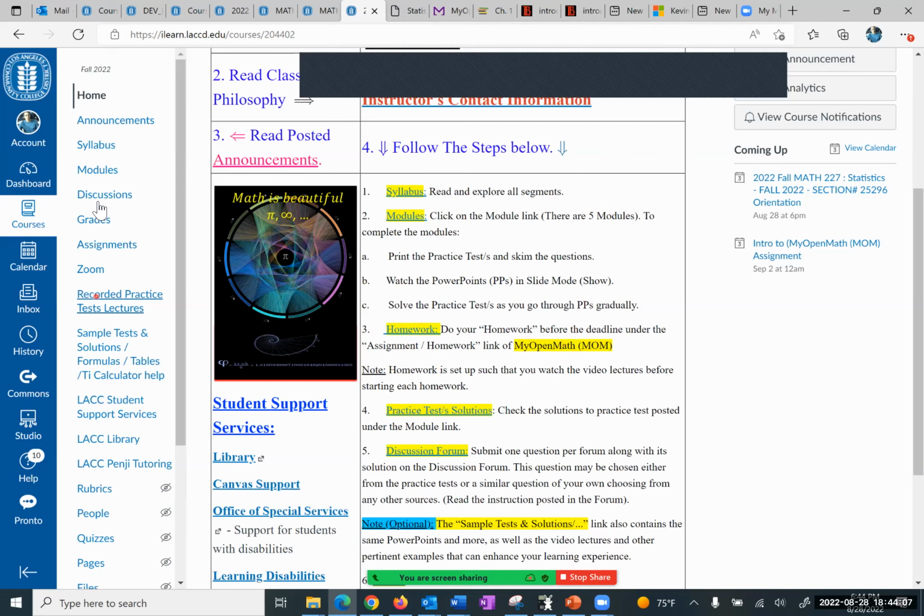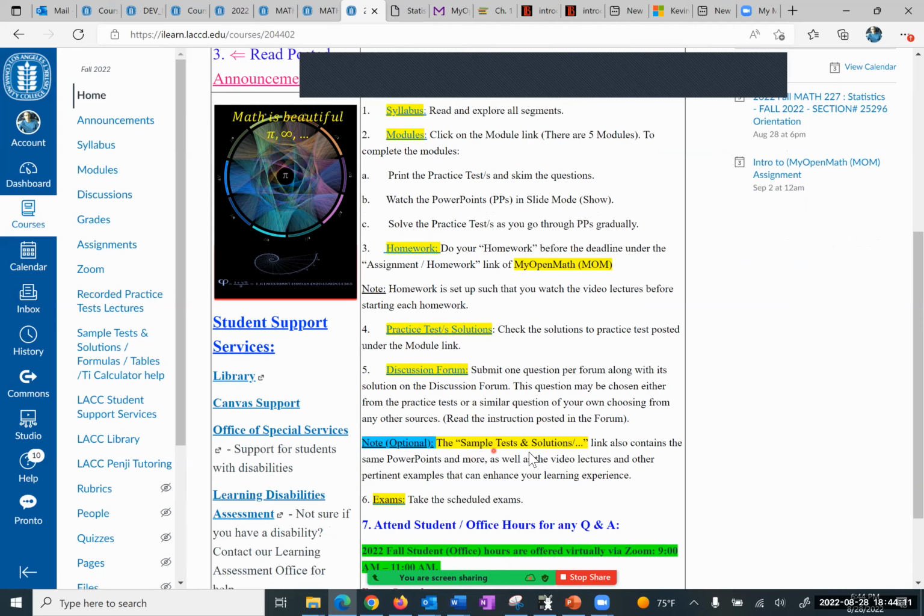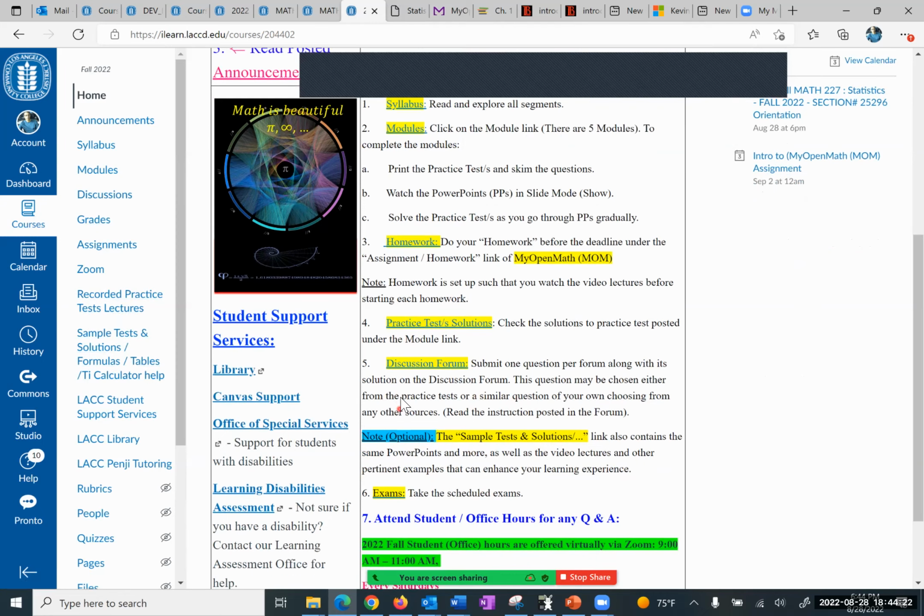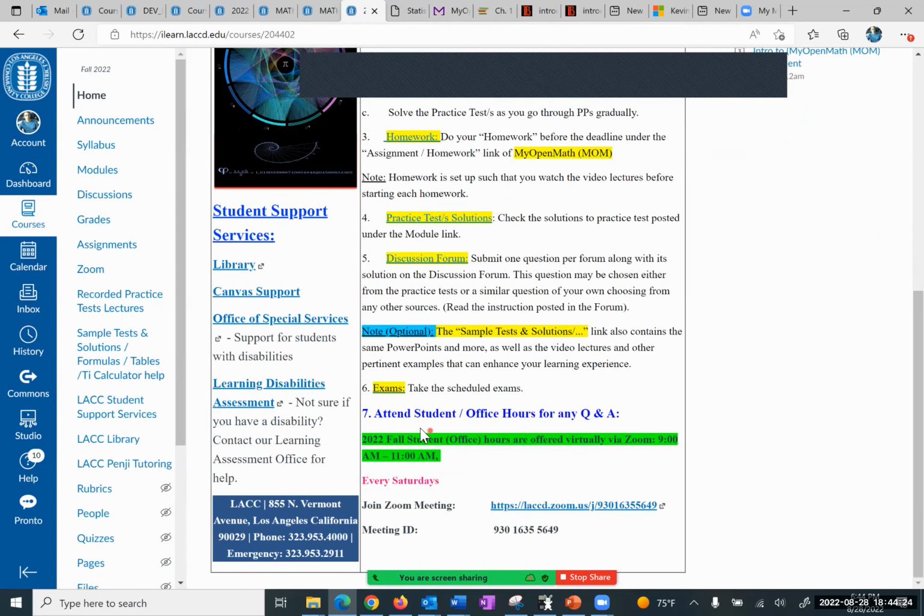Discussion forum is on the left side here. Sample test solution. This is in case Canvas is not working. Otherwise, you don't need that. We have the same resources here. Then you take the exam and attend the office hours in case you have any questions.